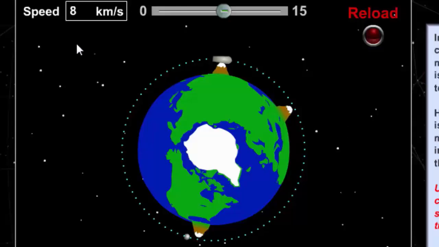8 kilometers per second, which is equivalent to around 17,000 miles per hour, is almost the speed of the International Space Station around the earth, and the International Space Station is around 200 miles above the surface of the earth.